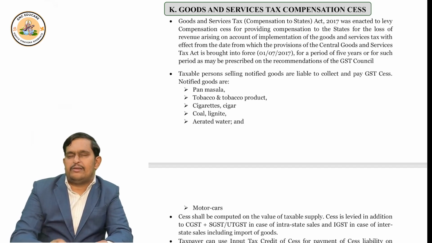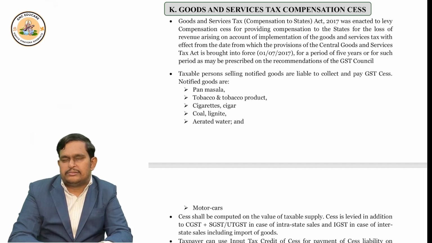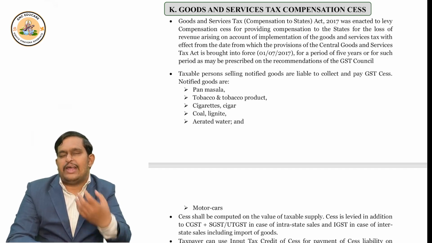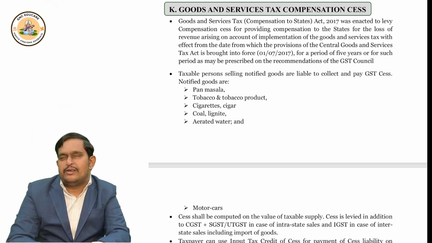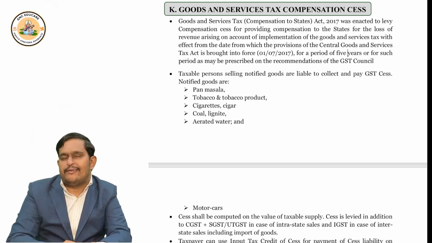Then it again promised to pay for 5 more years of losses to the states. But please bring GST. Then finally the states agreed. But from where will the central government pay the money? For that, they introduced this GST compensation cess. On which products is it levied? Pan masala, tobacco and tobacco products, cigars and cigarettes, aerated water, coal and lignite, motor car.